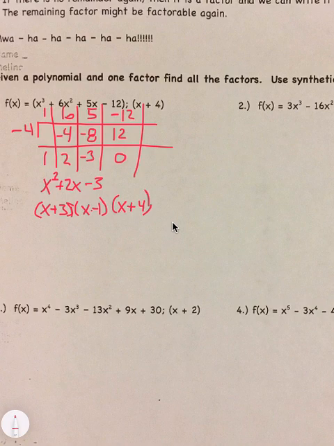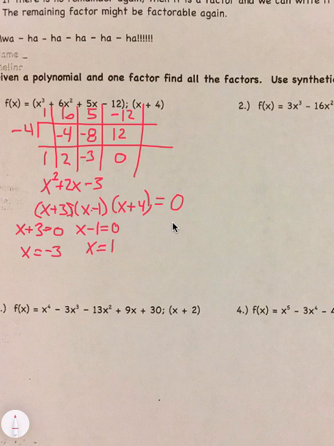Now, I want to solve. So we set it equal to 0. That means we set each individual factor equal to 0 and we solve. So we get x equals negative 3. When x minus 1 equals 0, we get x equals 1.